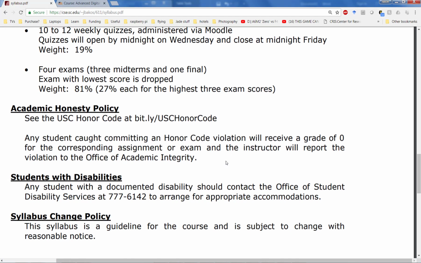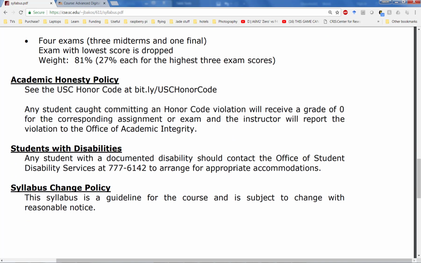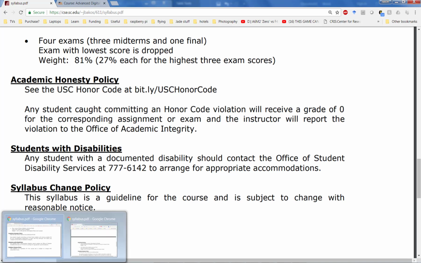Any student with a documented disability should contact the Office of Student Disability Services at 777-6142 to arrange for any appropriate accommodations. And this syllabus is a guideline and is subject to change with reasonable notice.